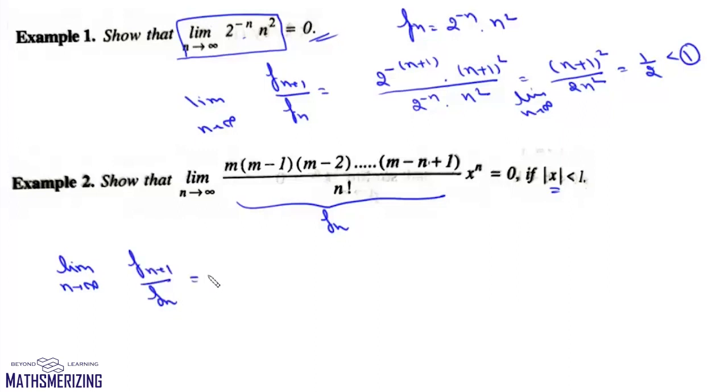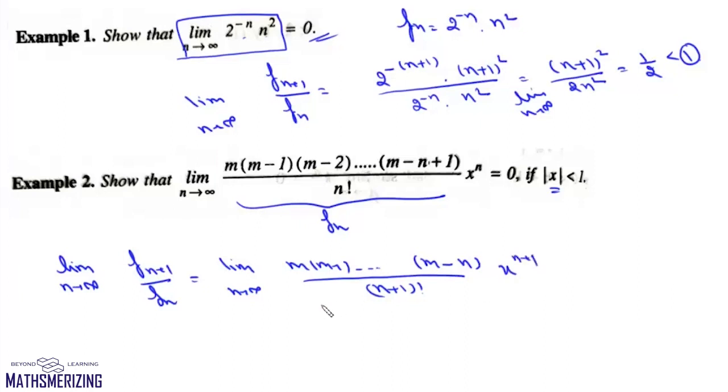upon f_n. Now f_{n+1} will be this limit n tends to infinity, (m minus 1) up to (m minus n) upon factorial n plus 1 into x to the power of n plus 1, upon (m minus 1) up to (m minus n plus 1) upon factorial n.